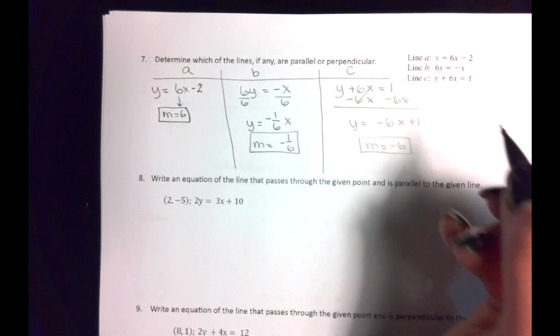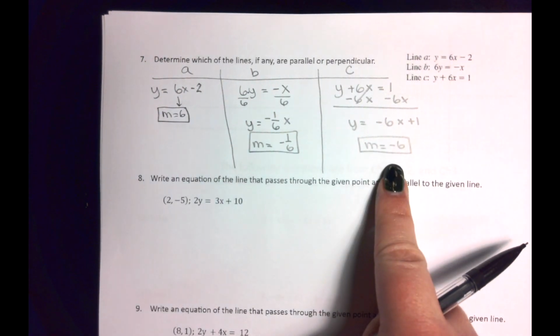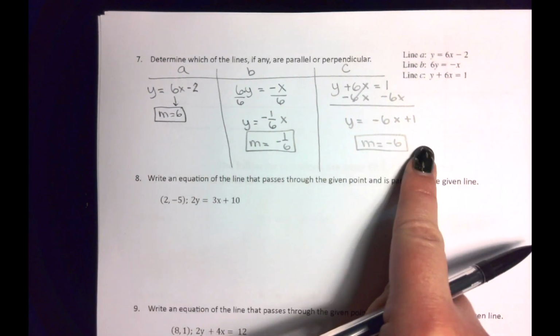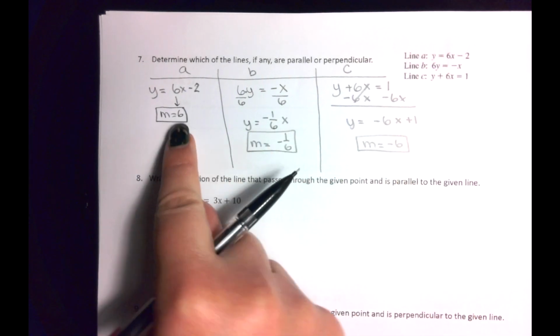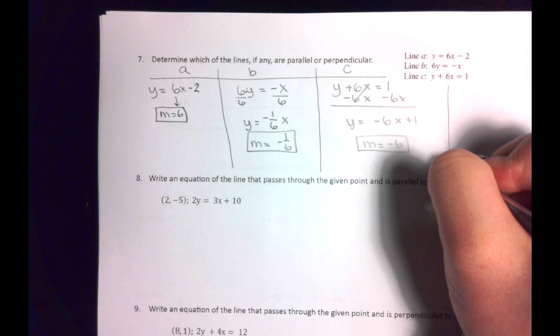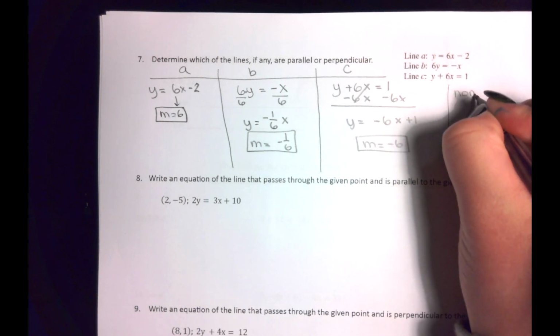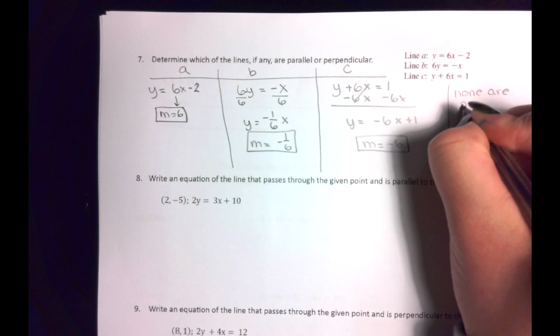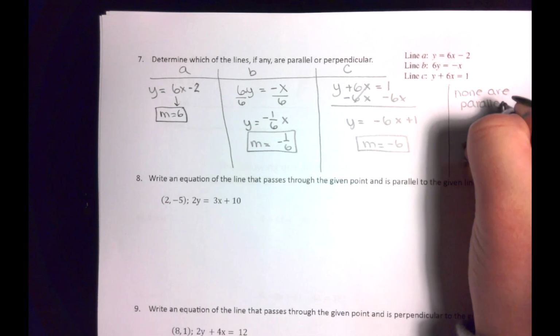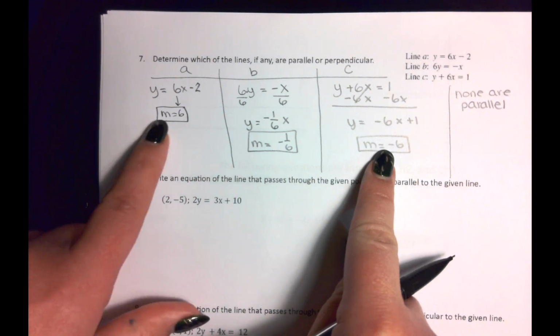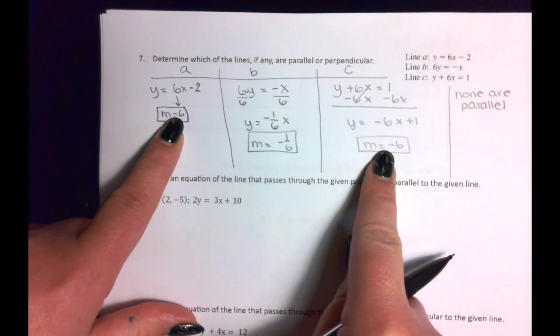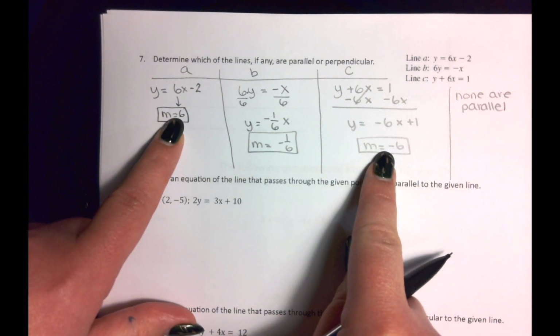All right, same question. Are any of these exactly the same? I have a 6, I have a negative 6. Not exactly the same. I have a 1/6. Nope. So that means none are parallel. Are any of them opposite reciprocals? Again, opposite is plus or minus. So these are opposites. 6 is positive, 6 is negative. But a reciprocal is where they flip the fraction.